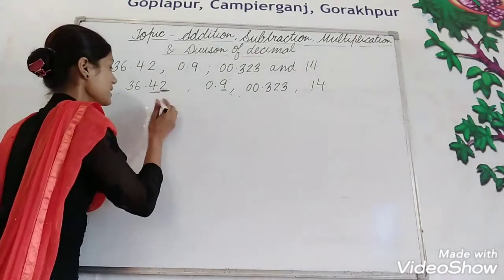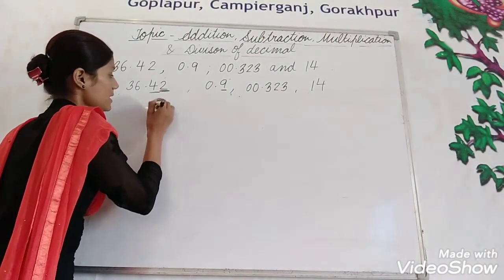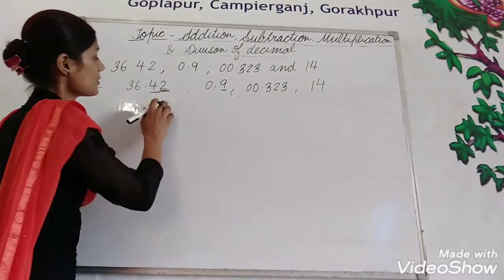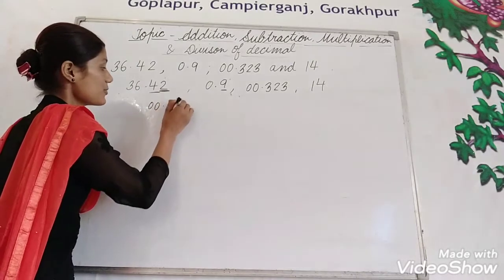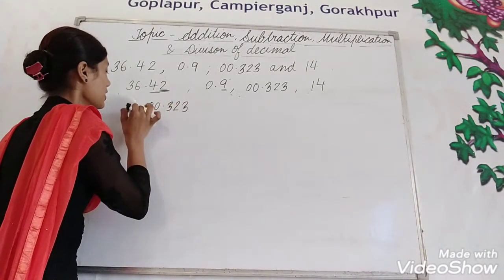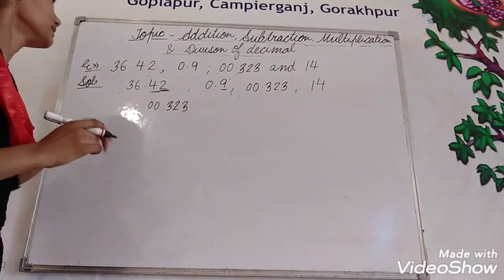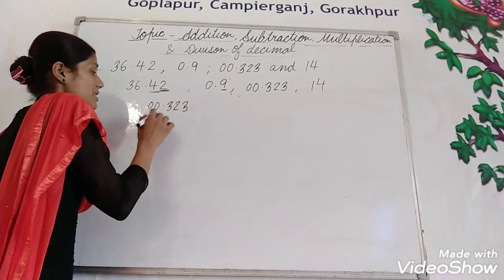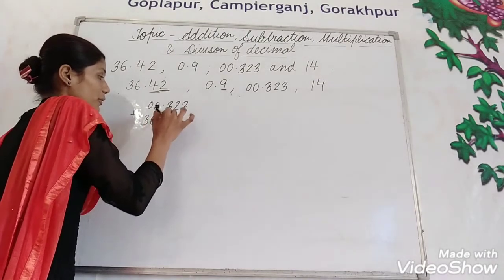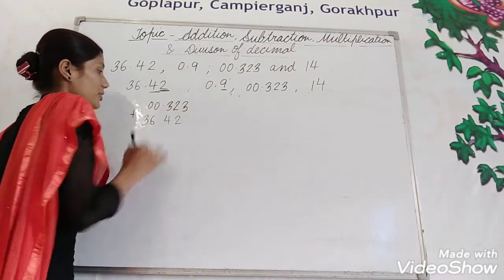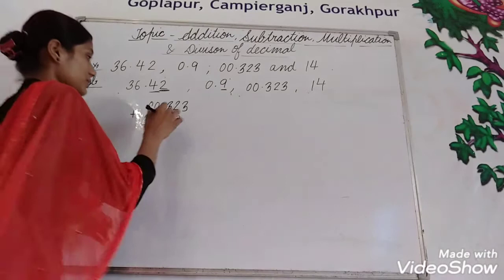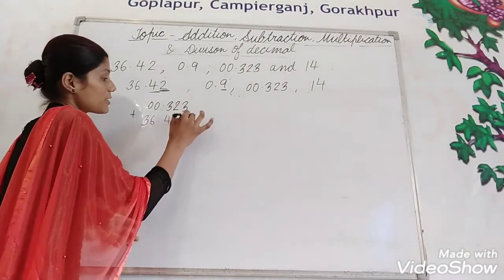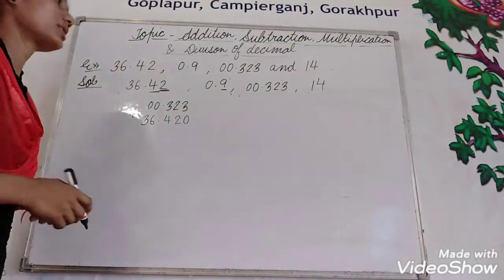So first we write 0.323. After that, we write 36.42 with one zero added, 36.420. How many places are left? Only one, so write a 0 here. Next is 9.2, and after the 2 there are 2 places missing, so write 9.200.